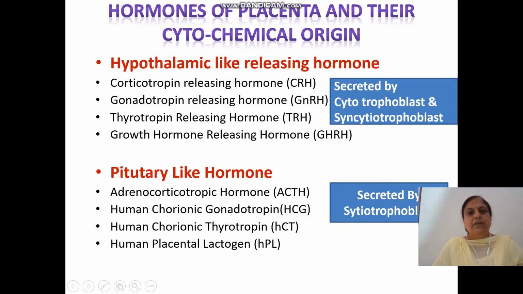Under hypothalamic like releasing hormones: corticotropin releasing hormone, gonadotropin releasing hormone, thyrotropin releasing hormone, and growth hormone releasing hormone. They are secreted by the cytotrophoblast and syncytiotrophoblast. Pituitary like hormones are ACTH, HCG, human chorionic thyrotropin, and human placental lactogen. They are secreted by the syncytiotrophoblasts.